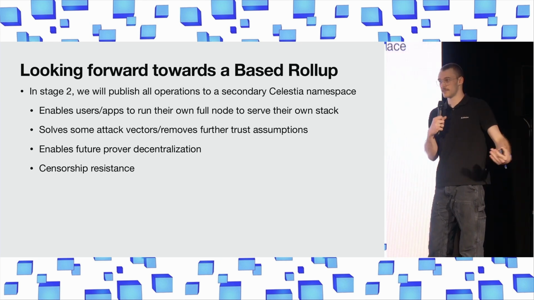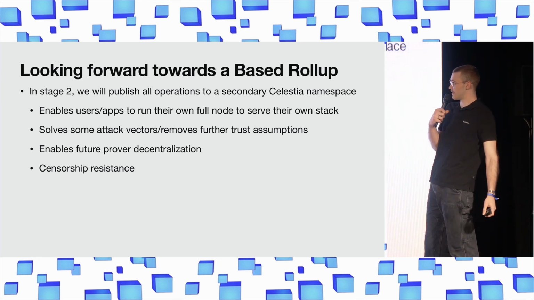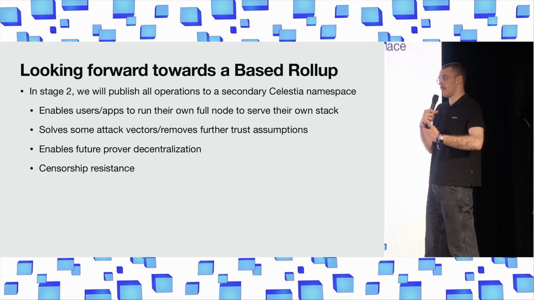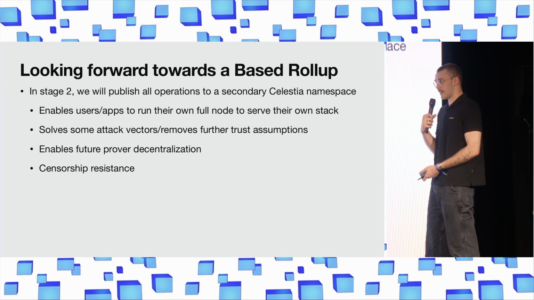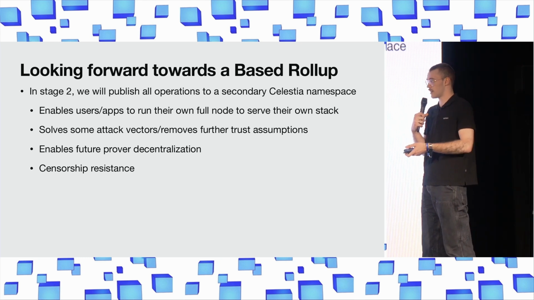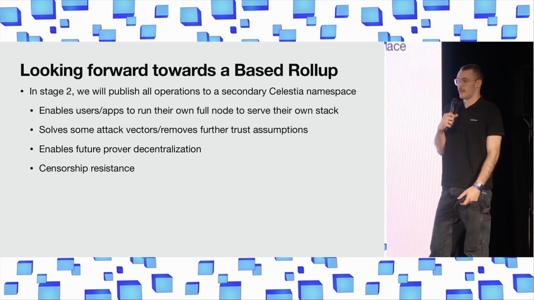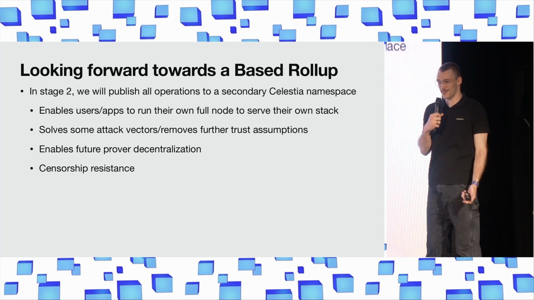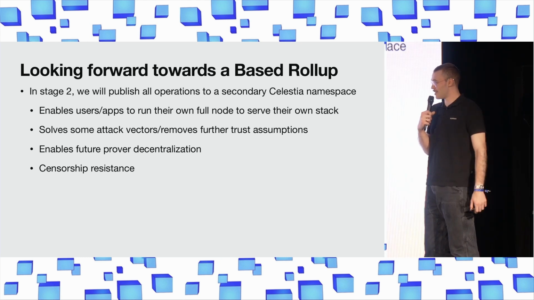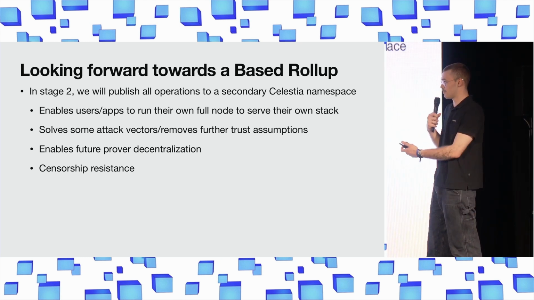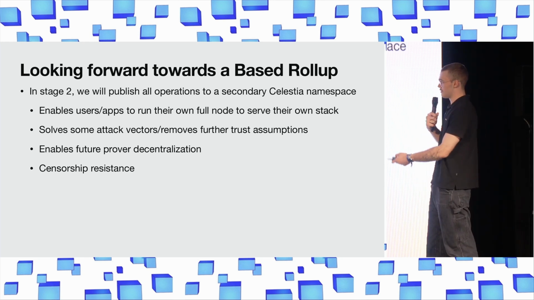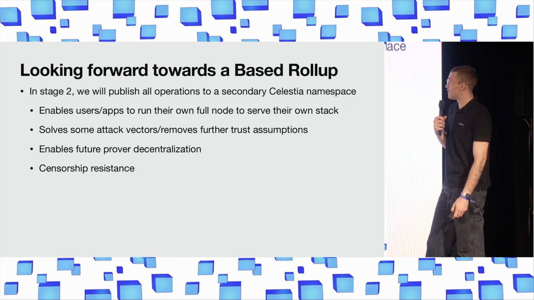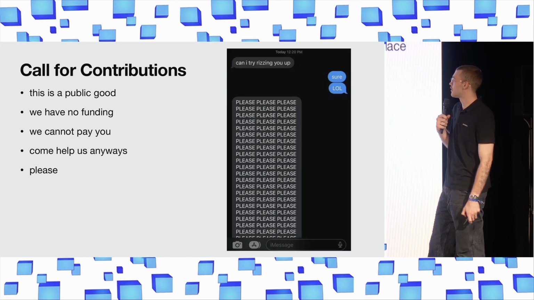To do this, we post all the operations to a secondary namespace in Celestia, and this would enable these apps to run their own full nodes that have the state and can serve their own technology stack. It enables future prover decentralization in case prover marketplaces end up not being a meme. And it also provides censorship resistance, of course, and some other stuff. So that would be stage 2. There are further stages, but that's the idea we have going forward.